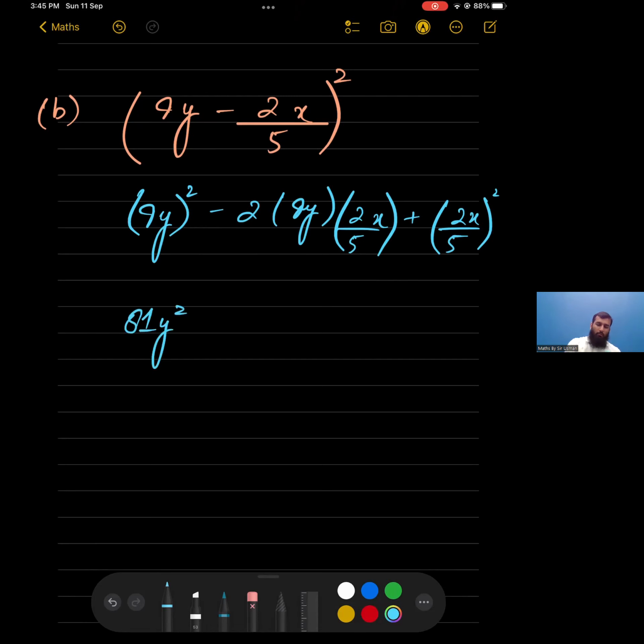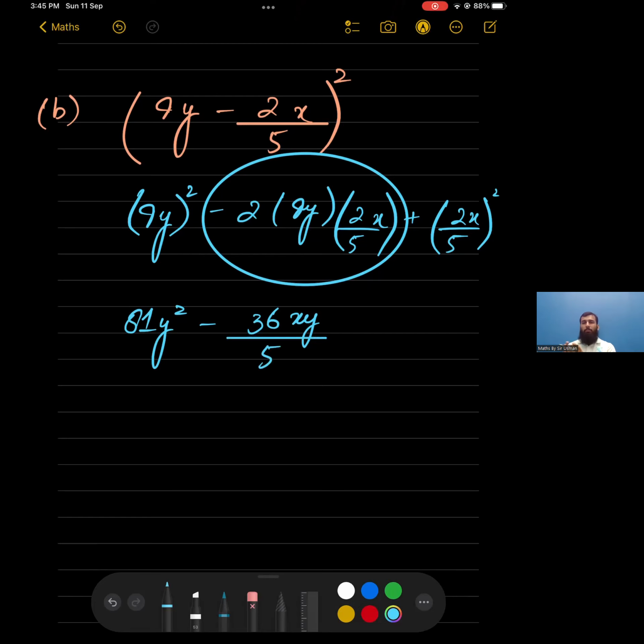But if you see the middle term, it has got the fraction with it. So it is going to be 2 times 9y times 2x, which is going to be 36xy. The 5 in the denominator will remain as it is, it will not be changed in this case.